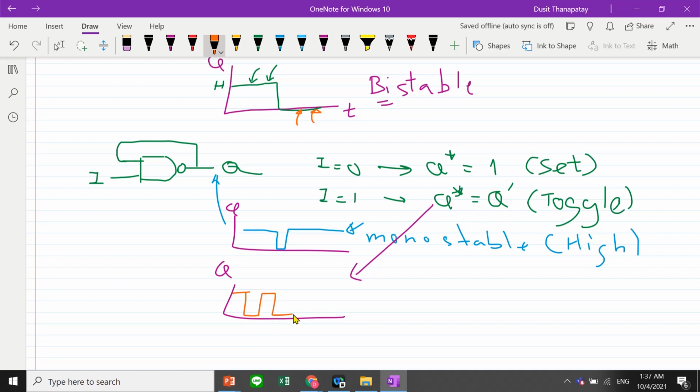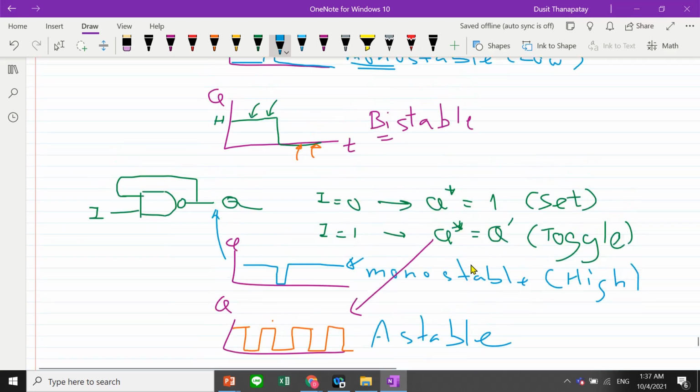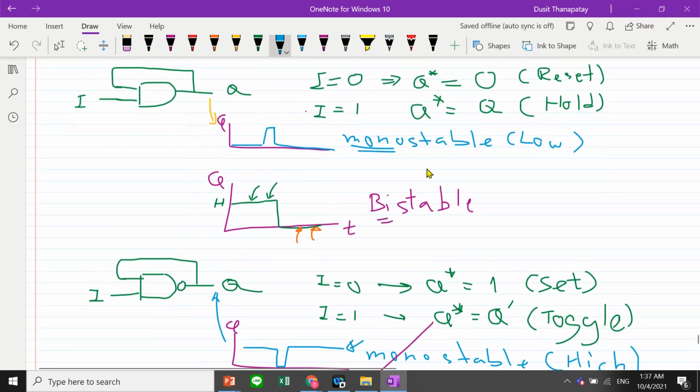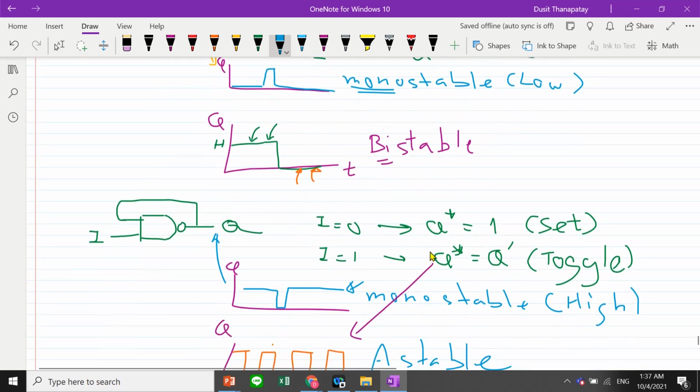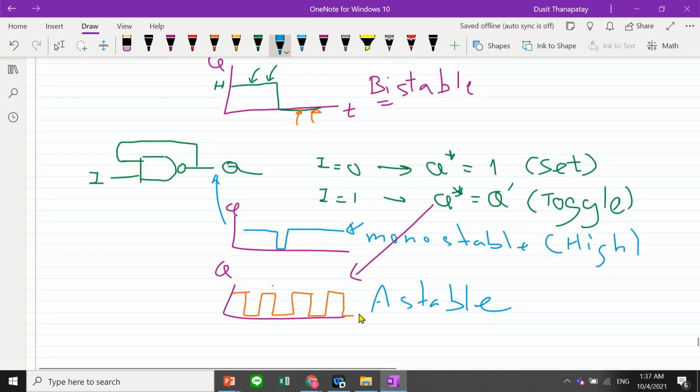So it cannot be stable at high and cannot be stable at low because it changes state every time. So in this case, it's called unstable. For stable, you have two kinds: monostable and bistable. And if it's not stable, it's called unstable.